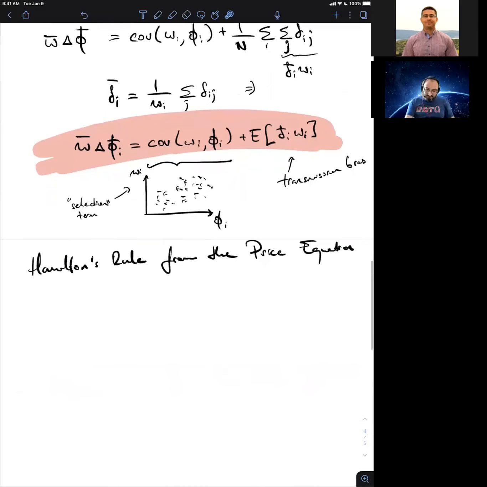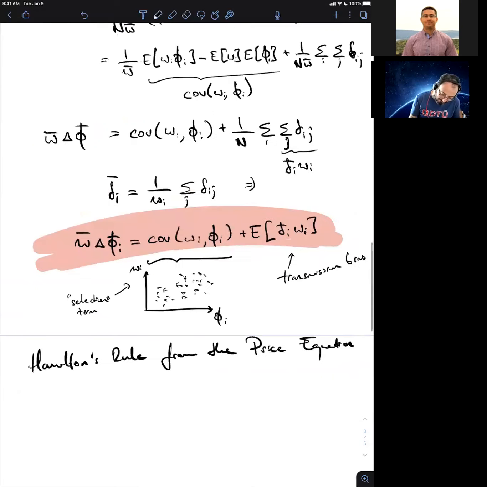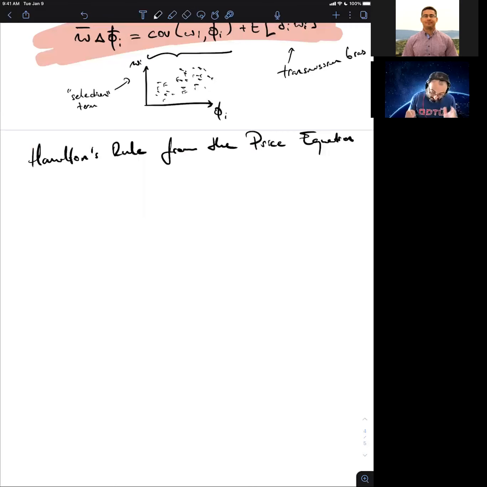But that's actually a pretty good segue to the next segment, which is Hamilton's rule, where we are going to make an assumption of linearity. To derive Hamilton's rule, let's specify the social interaction. Think back to the slides where you have two individuals interacting with each other.